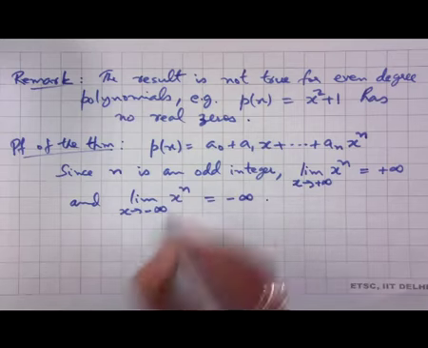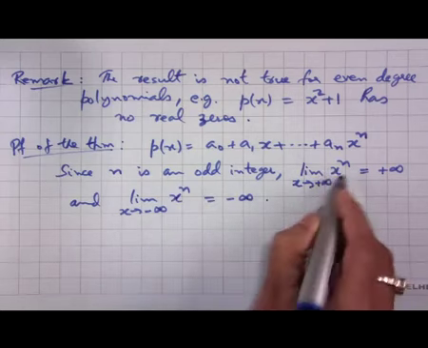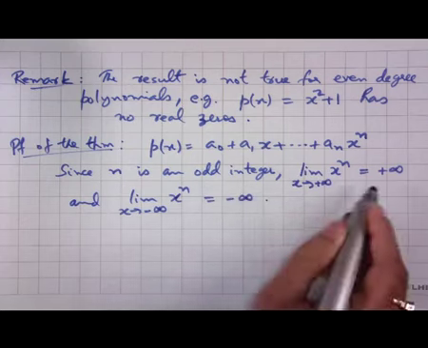Right. This is because n is odd. If n was even, then both these will be positive infinity.